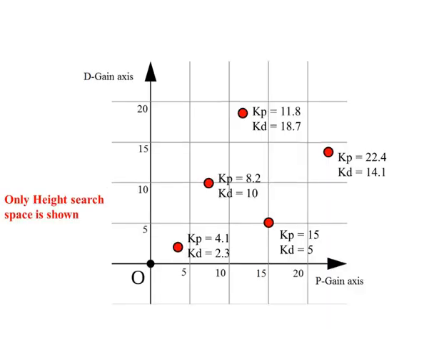Here, for example, only the height search space is shown. It is a 2-dimensional search space with the x-axis giving the P gains, the proportional controller gains, and the y-axis giving the differential controller gains.